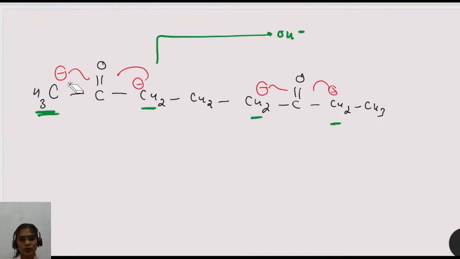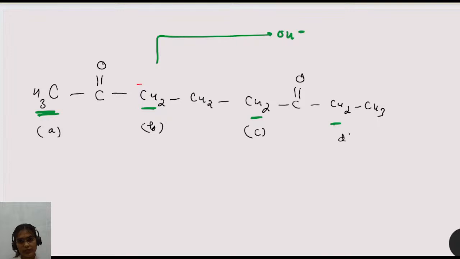But now my point is, out of all the cases, let's say this is A, this is B, this is C, or this is D. From where do I have to take the hydrogen? Condition number one: let's suppose I am considering A, taking the hydrogen from carbon number A. Then you just have to count the number, and that's it, you get your answer.